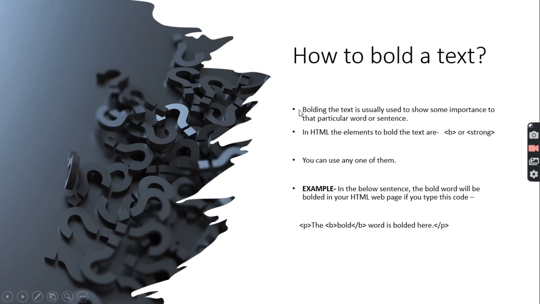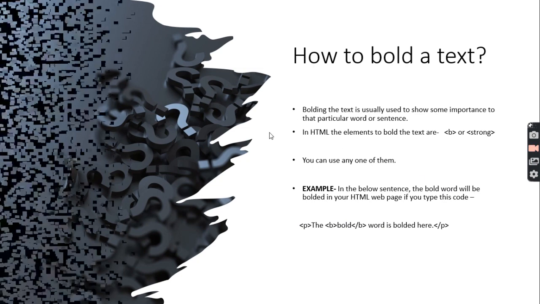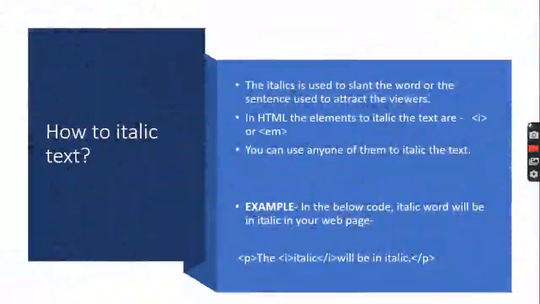So now let's see how to italic the text. Italics is used to slant a word or a sentence to attract the viewers, as in bolding the text. In HTML, the elements to italic the text are the I tag and the EM tag.